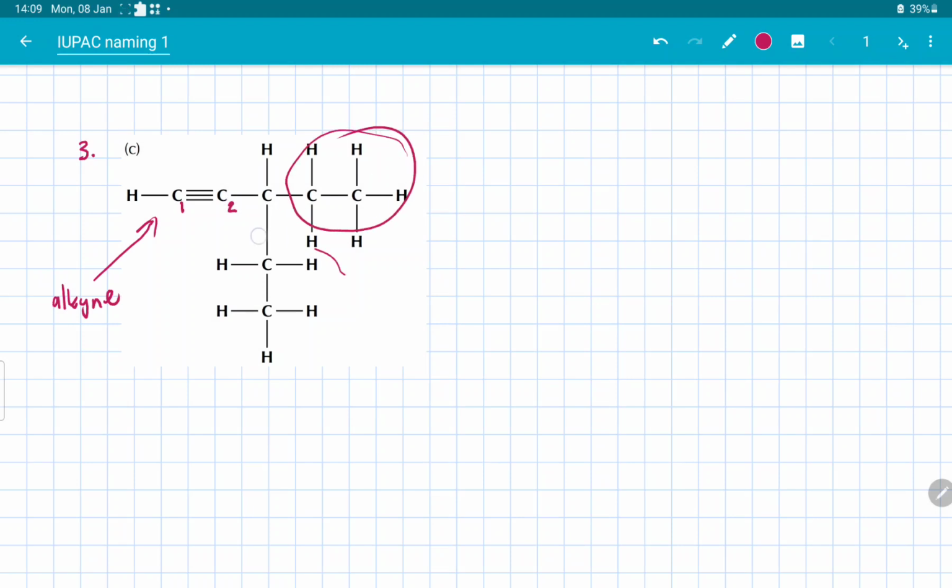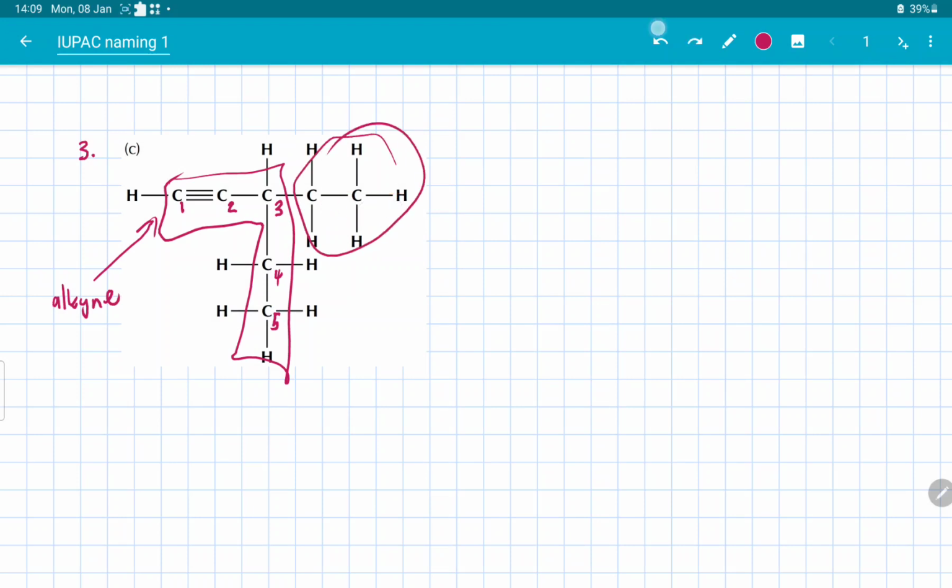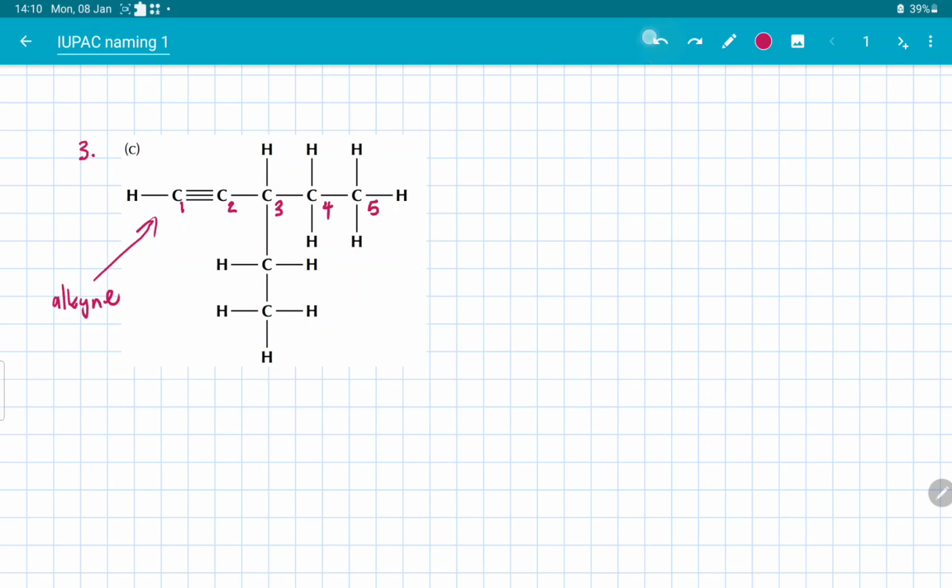But because either way the branches are equal, coincidentally, I can just go straight. 3, 4, 5. So the main continuous chain has 5 carbons because that's the longest continuous chain that contains the functional group. Even if I had gone this way, I was going to have 5 carbons, with 4, 5, and this would be my branch. So either way, I get the same results.